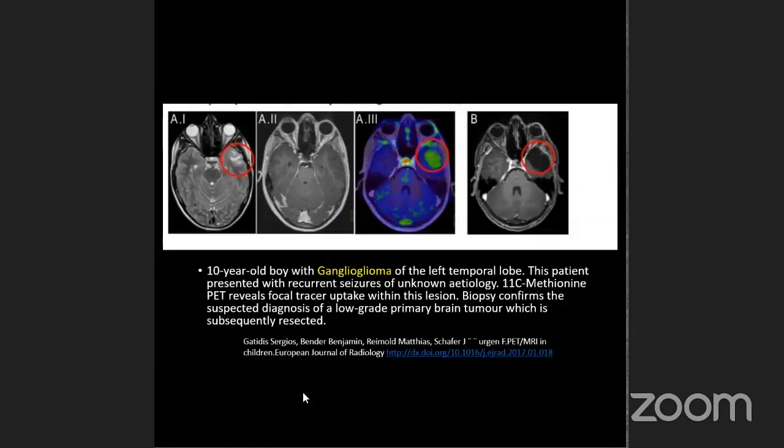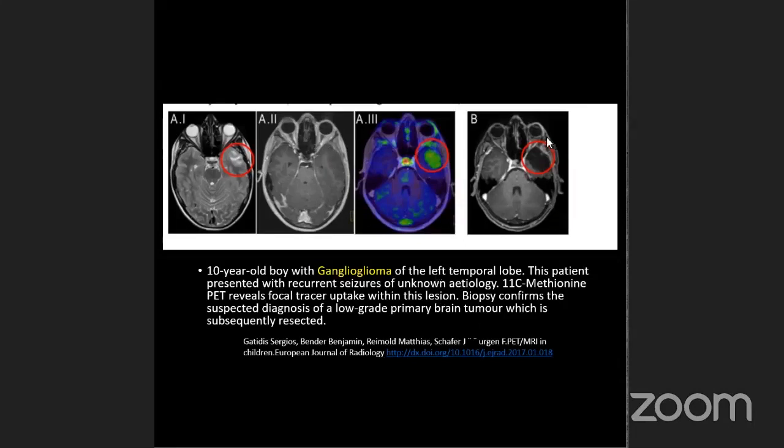And in the brain, now there are some new tracers. They are very helpful. For example, in this case on MRI, maybe you can detect vasogenic edema. In the post-contrast, maybe you cannot detect any avid enhancement.